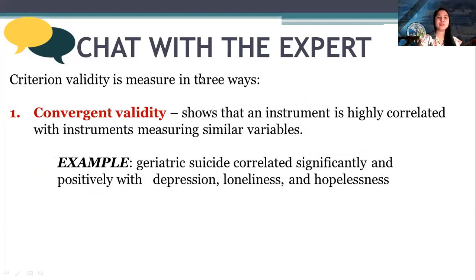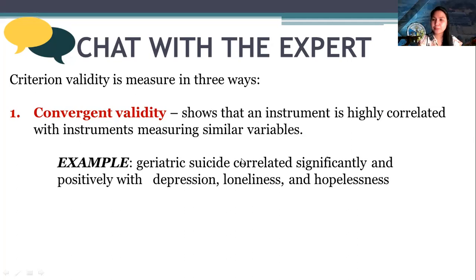Example, the first one is convergent validity. Now, geriatric suicide, this is a suicide among elderly, like 65 years old and above. Geriatric suicide is positively correlated with depression, loneliness, and hopelessness.